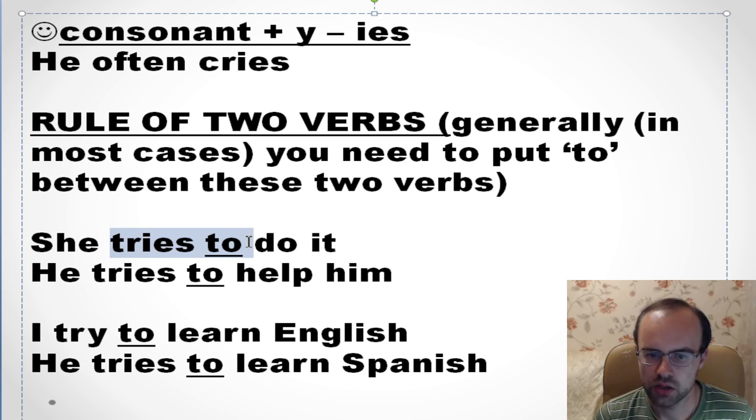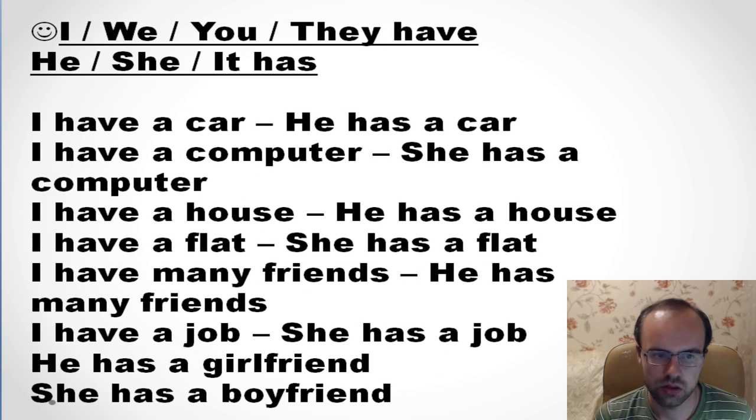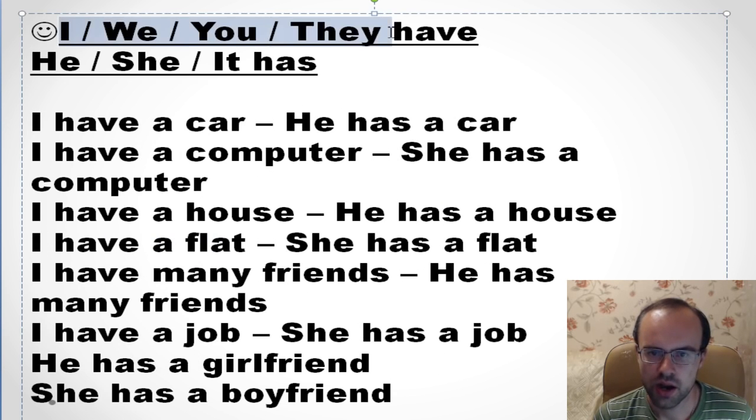I try to learn English. He tries to learn English. And look, we say I have, we have, you have, they have, but he, she, it has, yeah? He has, she has, it has.